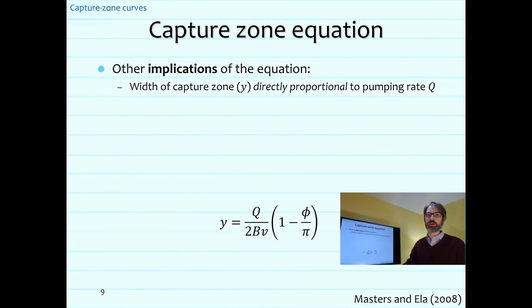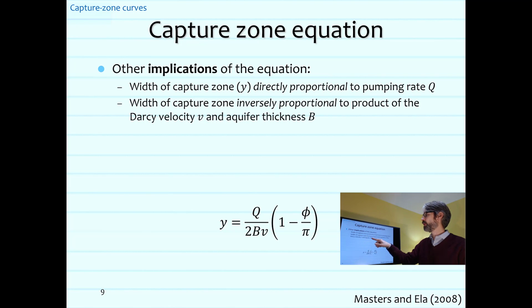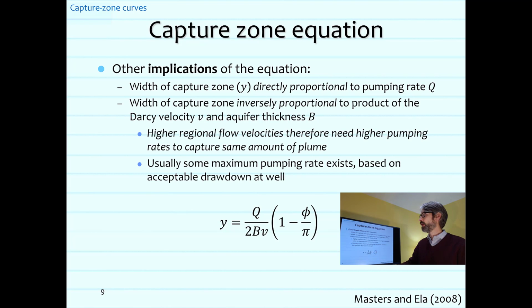There are some other important implications of the equation that we just saw. The first is that the width of the capture zone y is directly proportional to the pumping rate Q. You can see it here. Y is directly proportional to Q. Secondly, the width of the capture zone is inversely proportional to the product of the Darcy velocity V and the aquifer thickness B. And so this means that a higher regional flow velocity therefore needs a higher pumping rate to capture the same amount of plume.